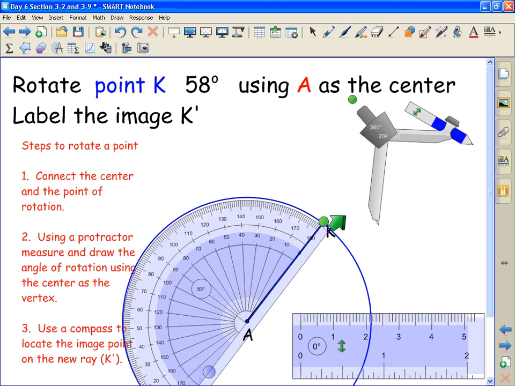Now notice it's a positive 58 degrees, therefore we'll be going counterclockwise. Find 58 degrees just below 60 at 58.